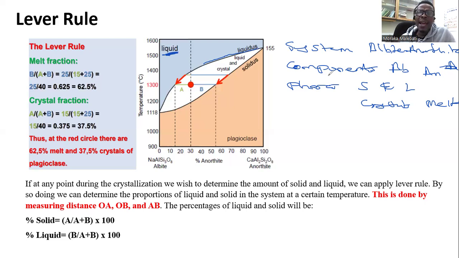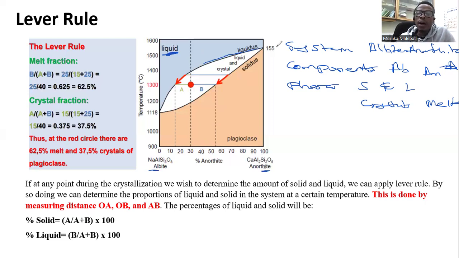Between the liquidus line and the solidus line, the liquid and crystals coexist. Below the solidus, everything is completely solid, and we have pure end members coexisting.